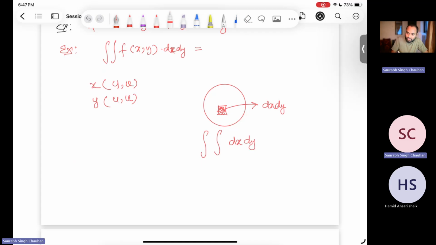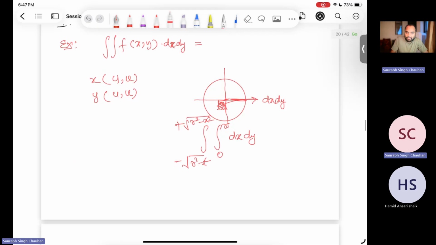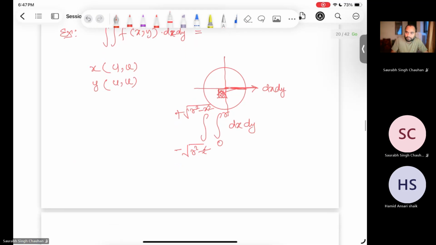First you will integrate from 0 to r, so x can vary from 0 to the radius r, and y will vary from minus square root of r square minus x square to plus square root of r square minus x square. Like that, right? Yes, sir.